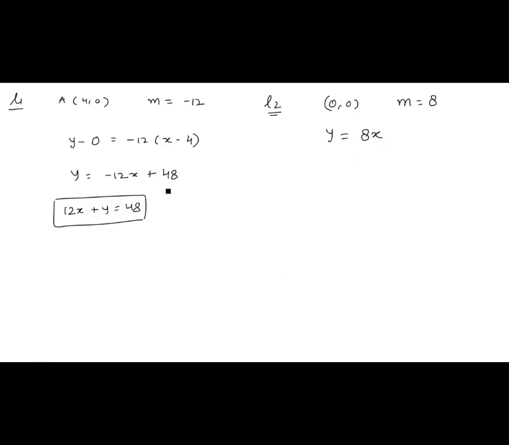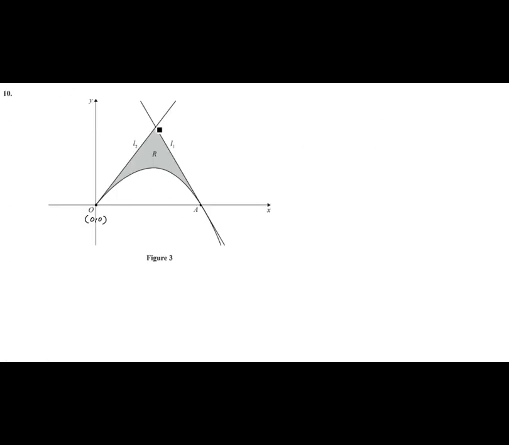Now if we just solve these two equations to find the point of intersection here, okay, so this is 4, 0. So this length is basically 4. Okay, and if we can work out the coordinates of this point of intersection, then the y coordinate will give you the height of this triangle.